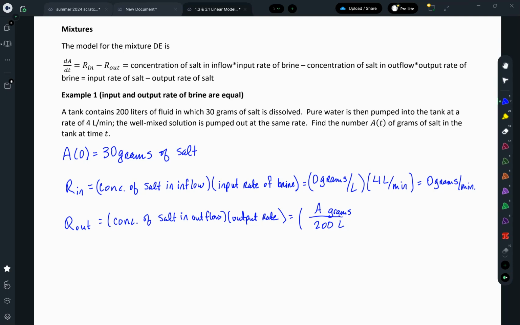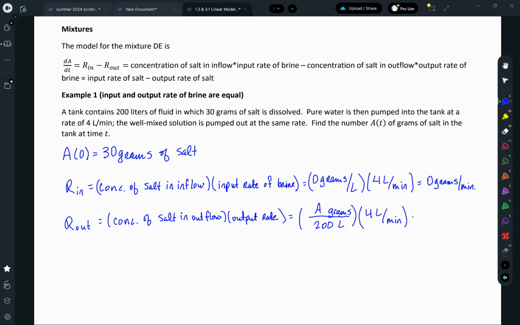It's changing over time because we're pumping in pure water and pumping out this mixture at 4 liters per minute. So when we simplify, the liters divide out, and we also reduce the 4 over the 200.